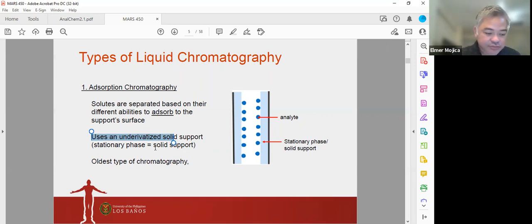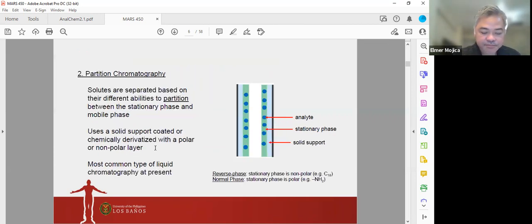So if one sticks to the surface, the other one is dissolved into the bulk. If the first one is adsorption, partition chromatography has more to do with absorption. Solutes are separated based on their different abilities to partition between the stationary phase and the mobile phase.